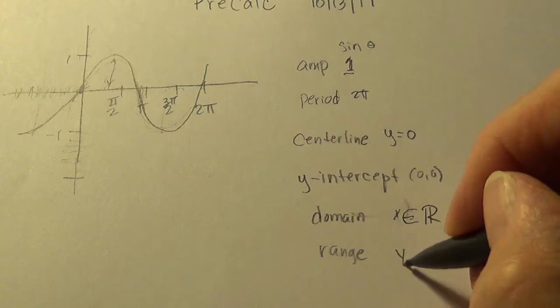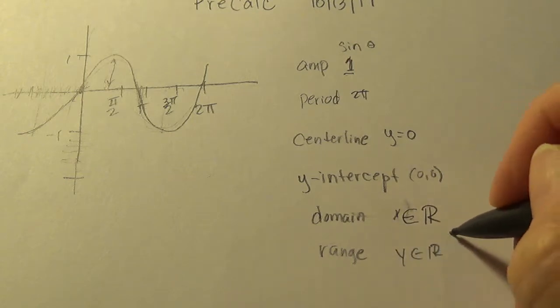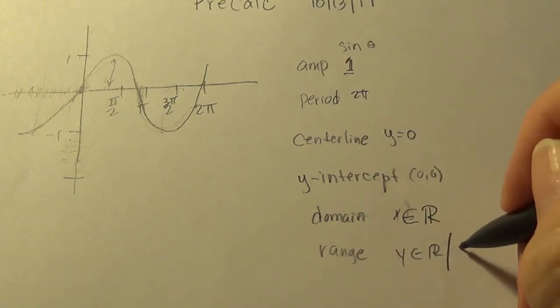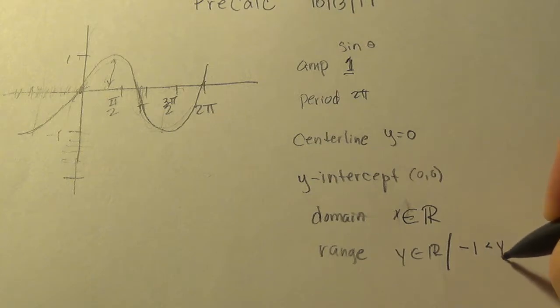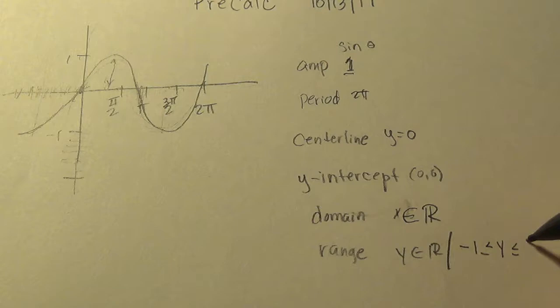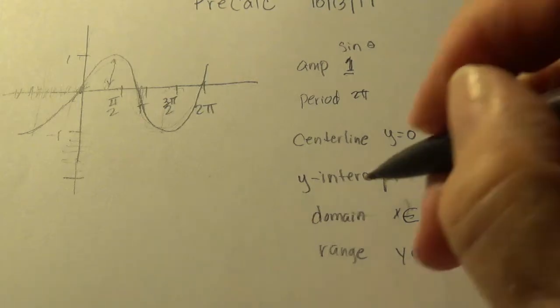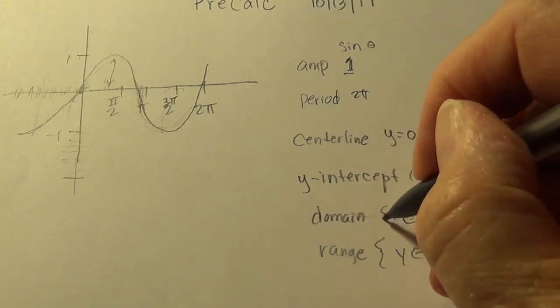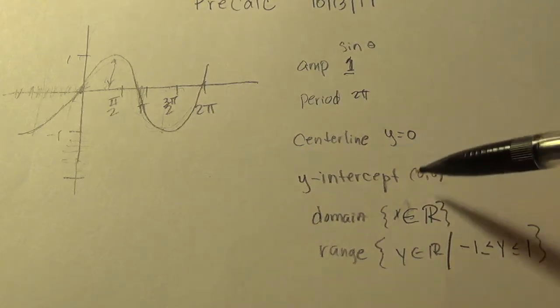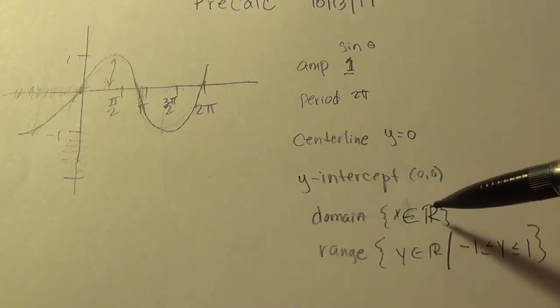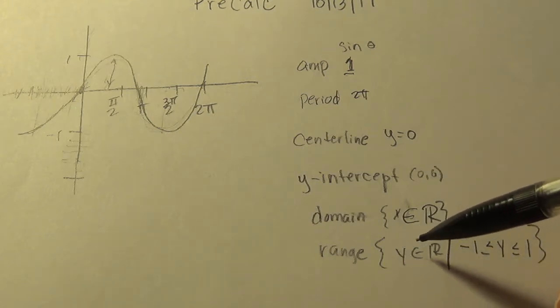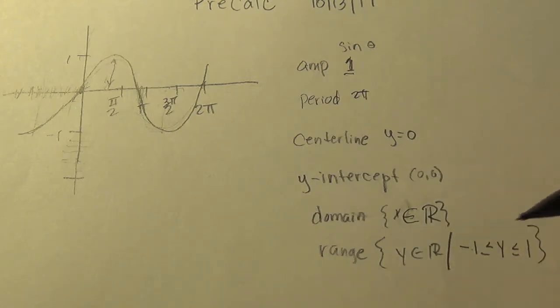We say y is an element of the reals such that -1 is less than or equal to y, which is less than or equal to 1. That's the fancy version for domain and range. You can say it in common language: all values for x, all reals, and here, all reals between -1 and 1.